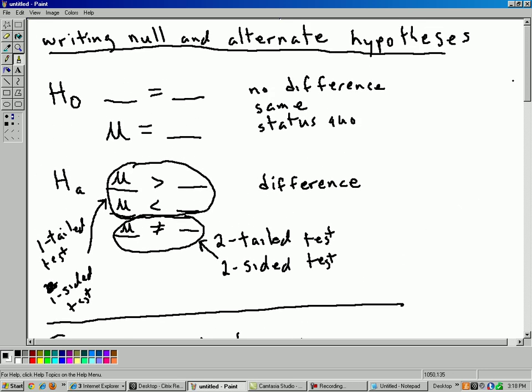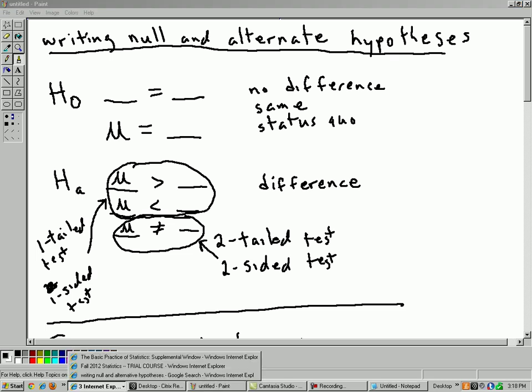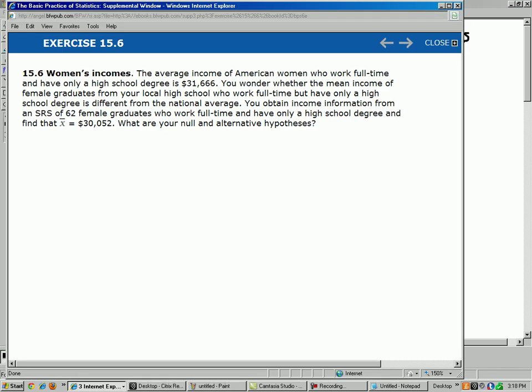All right, now let's do an example here. I'd like to do question number 6, page 373. Here it is. 15.6, women's incomes. It says, the average income for American women who work full-time and have only a high school degree is $31,666. So that's an assumed population mean there, the population being all American women who work full-time and have only high school degrees.